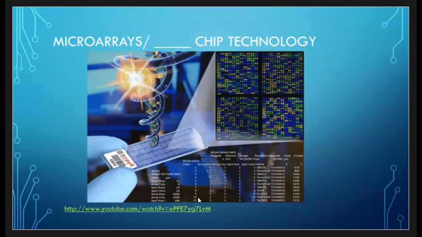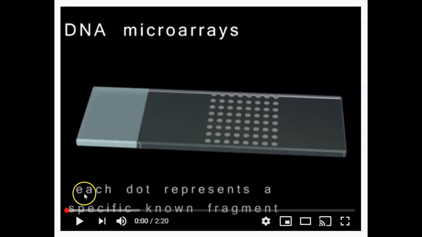Then number 3, fluorescent tags are added so we can visualize our target. And then you can test from tens to hundreds of thousands of nucleic acid sequences at one time. So let's try a video.